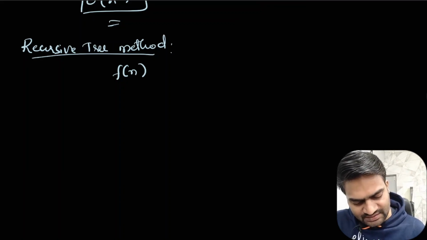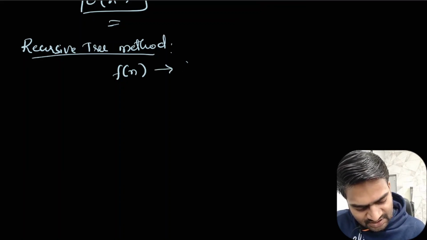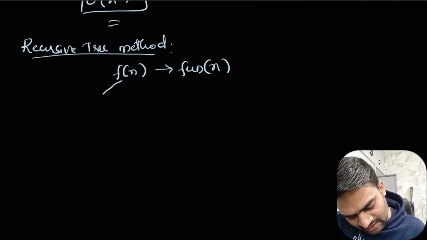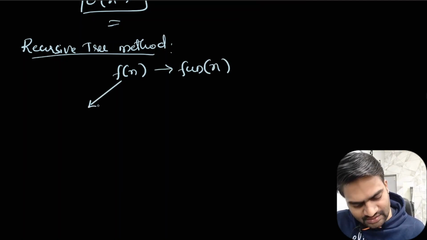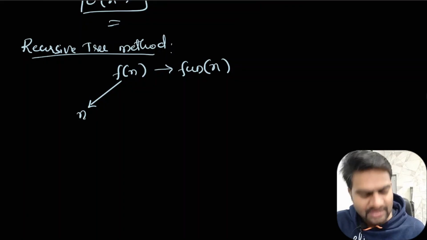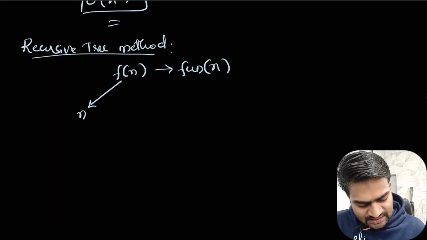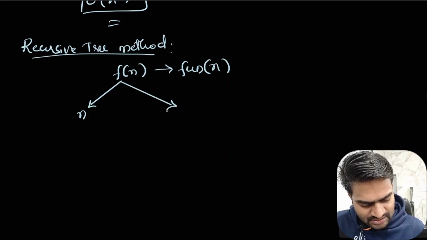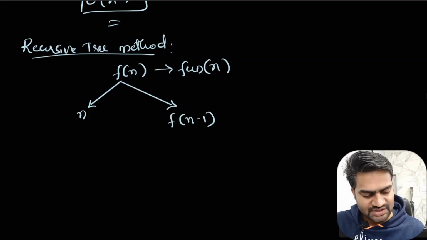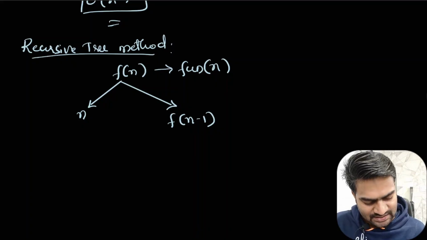Now this f(n) is nothing but function n. Now what it did was run a for loop of n iterations, and then it called f(n-1), or function n minus 1, correct?